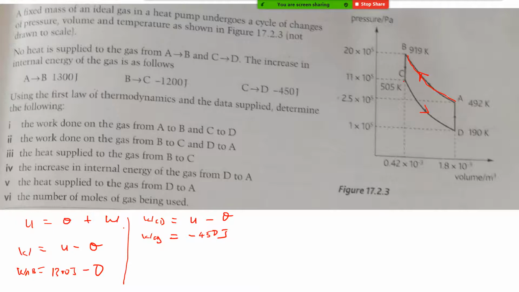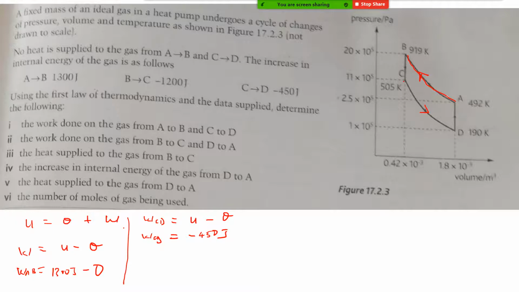So what we're seeing here is that the question said that no heat was supplied to the gas from A to B. So there's no heat. So if there's no heat, then we can use the first law of thermodynamics. We got the internal energy from A to B, which is 1300.